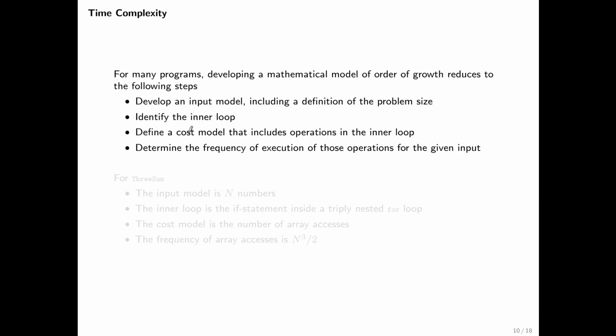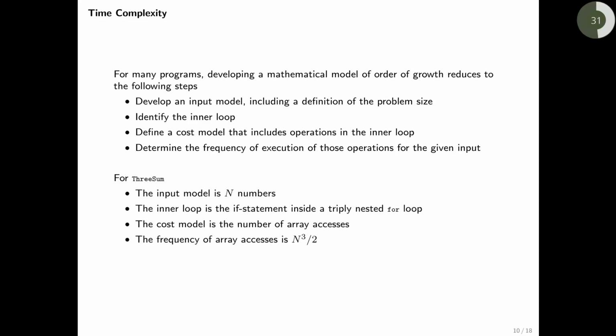Then you need to define a cost model that includes the operations in the innermost loop, and finally you need to determine the frequency of execution of those operations for the given input. These are the steps you need to perform in doing a mathematical analysis of the order of growth of a program.